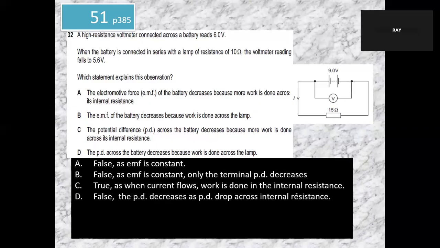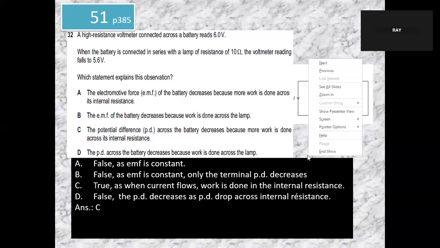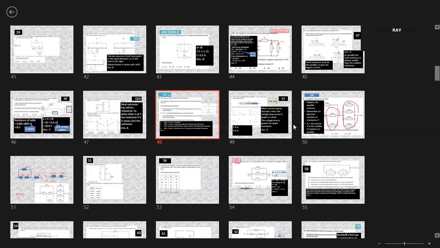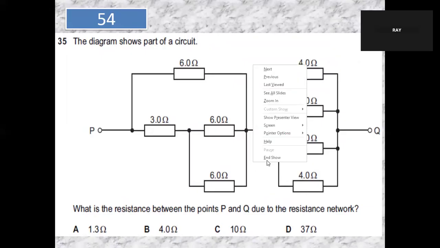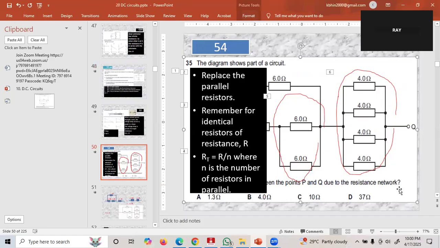That's why the PD across the external resistance decreases. I have a picture. Even if they don't have a picture for you, you can draw it. How about this one?